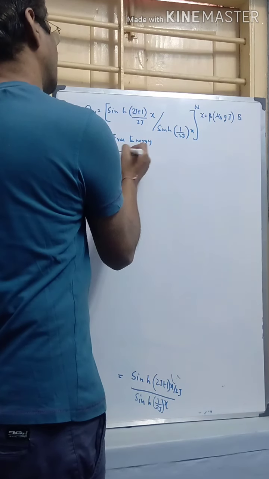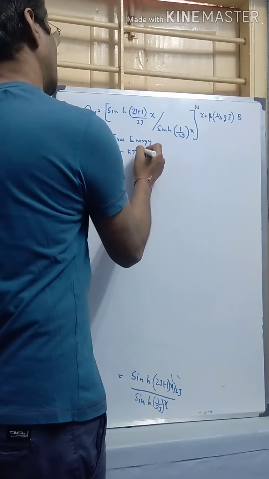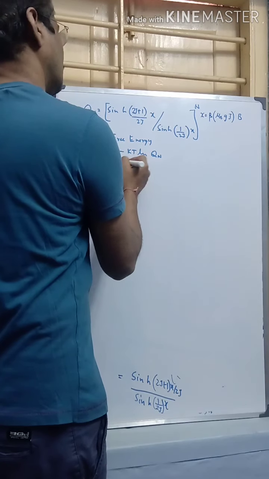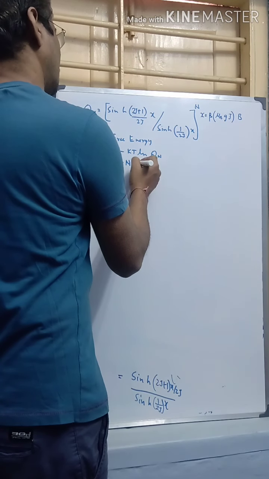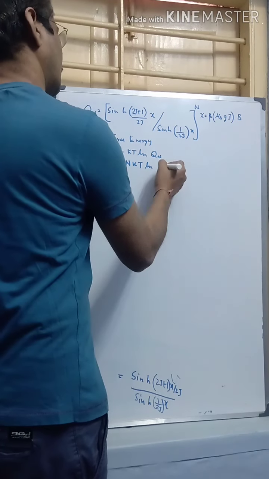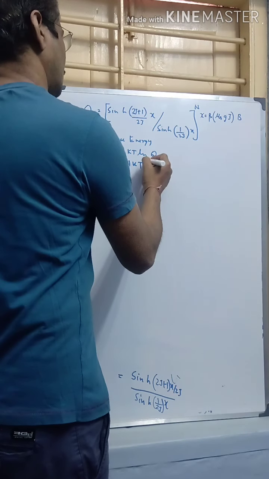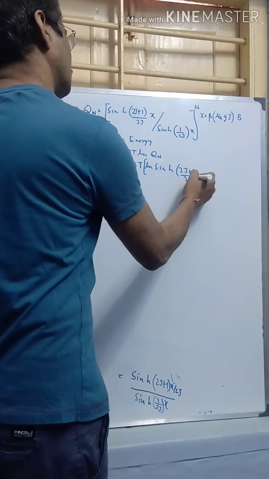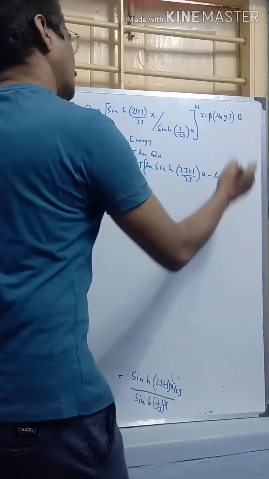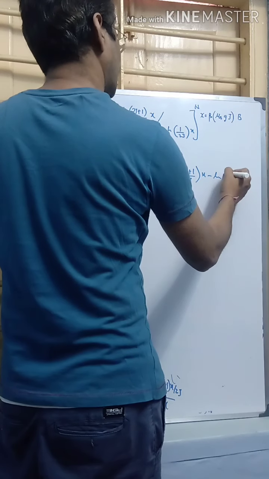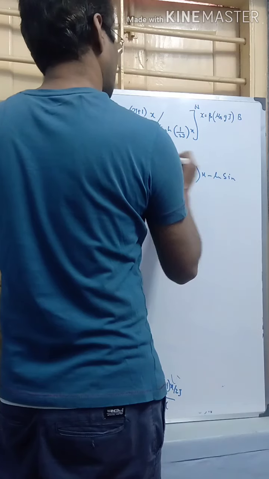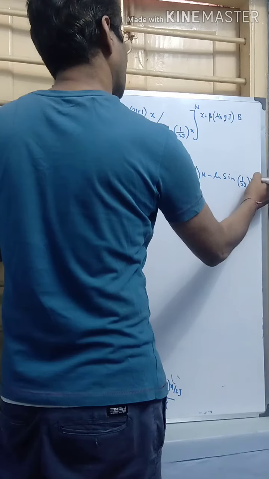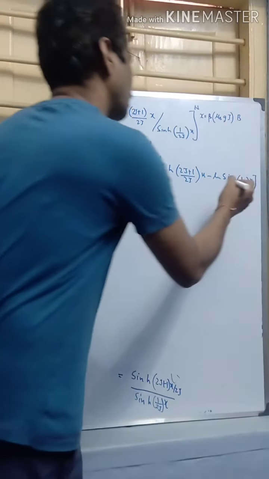A to be equal to minus kT ln Qn, which is basically equal to minus nkT [ln sinh((2j+1)x/2j) minus ln sinh(x/2j)].